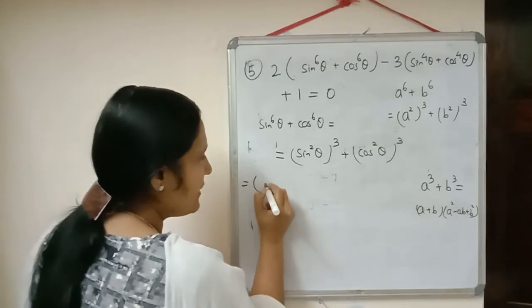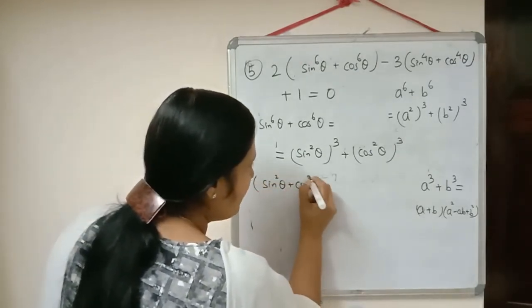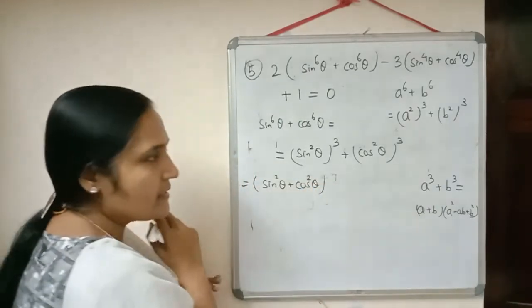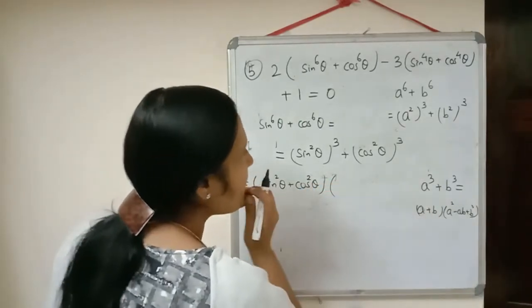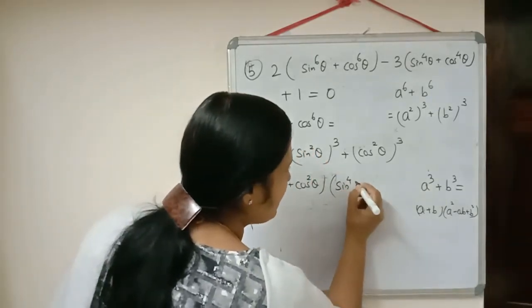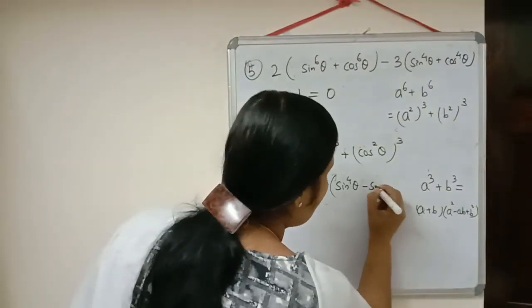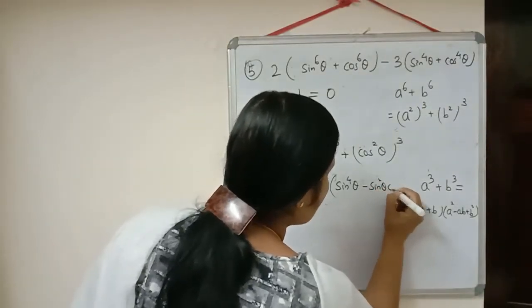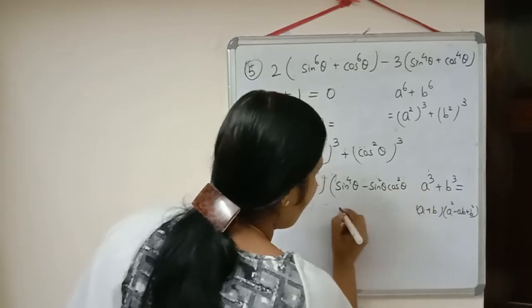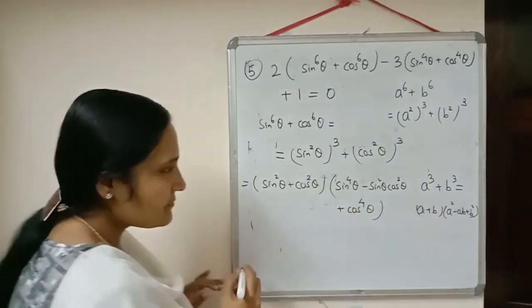So it will be written as sine square theta plus in place of b we have cos square theta into a square. So it will come sine square theta the whole square. So it will be equal to sine raised to 4 theta. Then minus ab, minus sine square theta cos square theta plus cos raised to 4 theta.